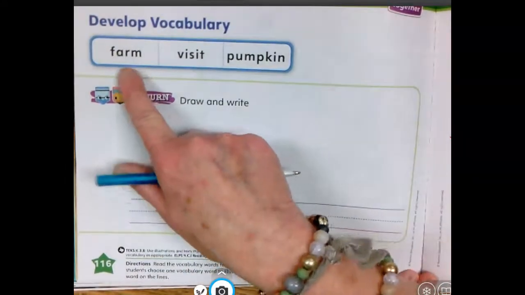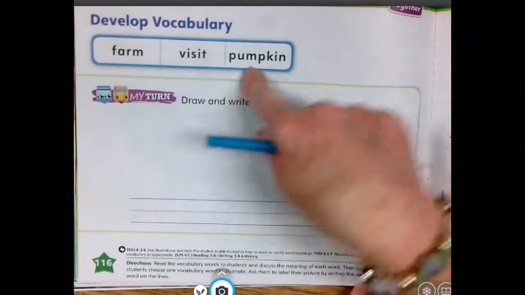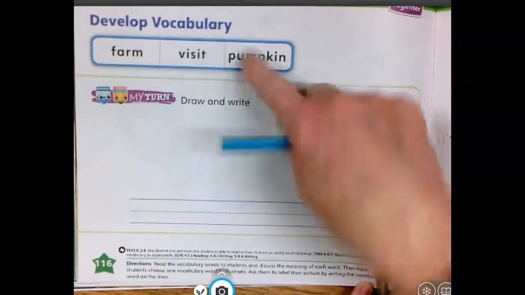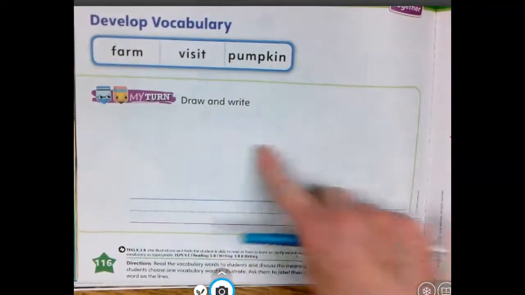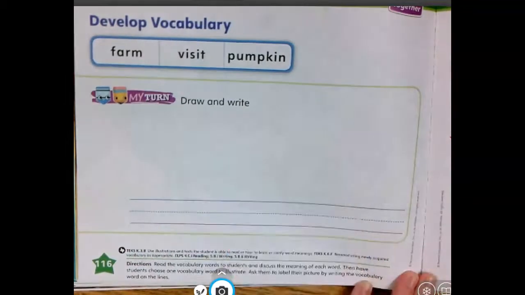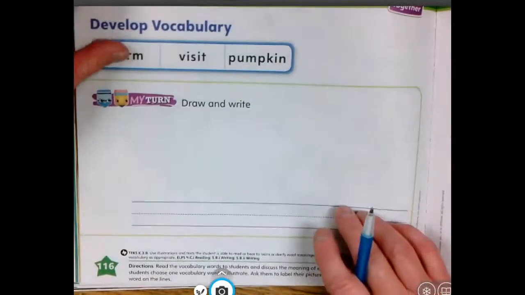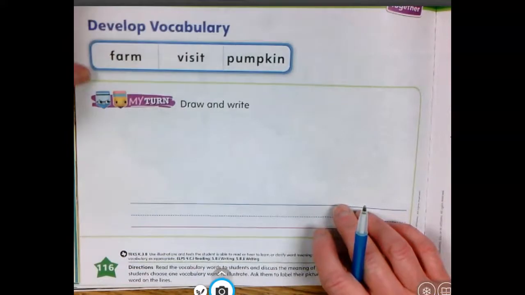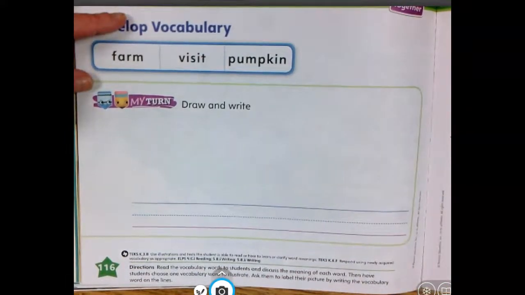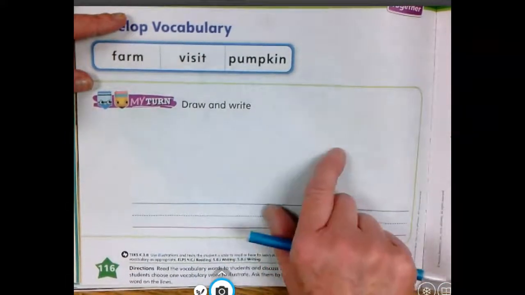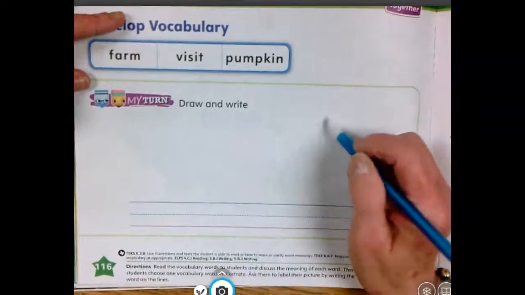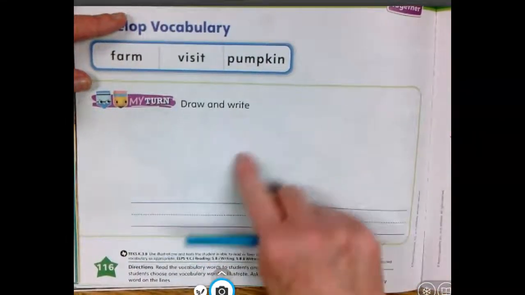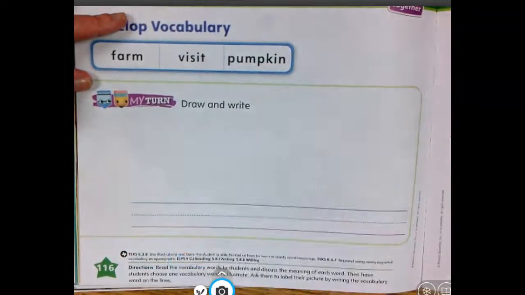I want you to choose one of these words and then draw a picture here of the word. And you can use the pages and pictures in the story to help you. Then I want you to label or write the word that describes your picture.